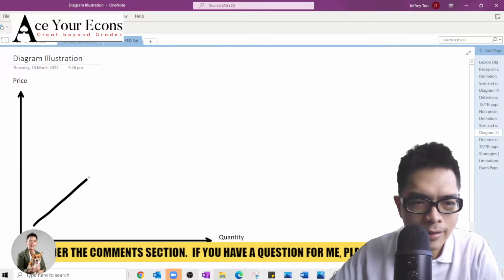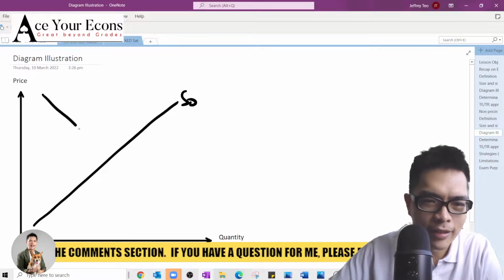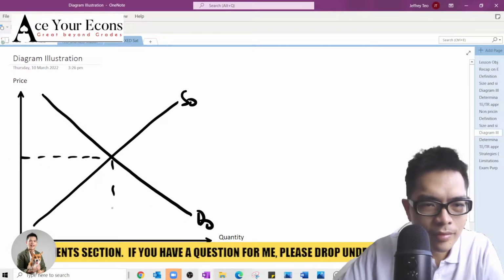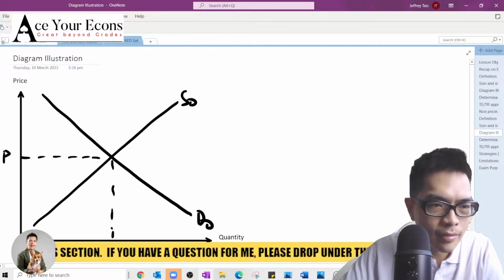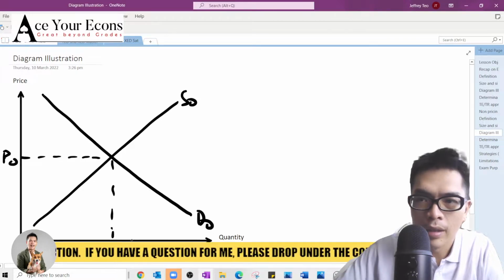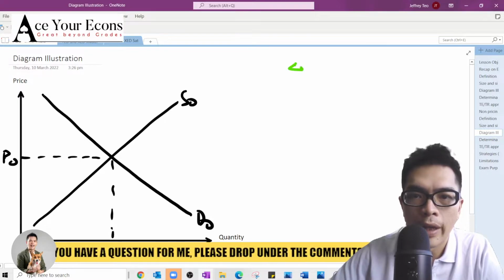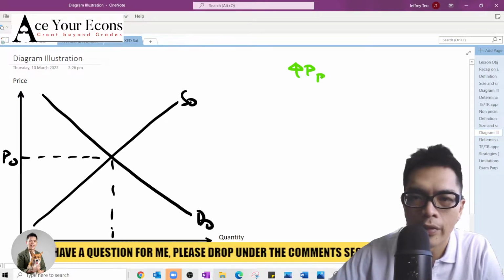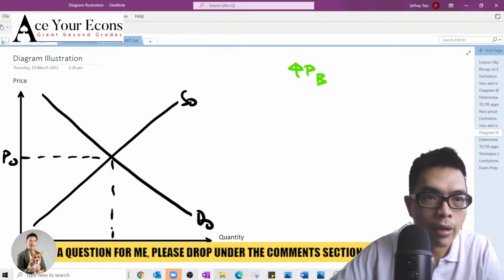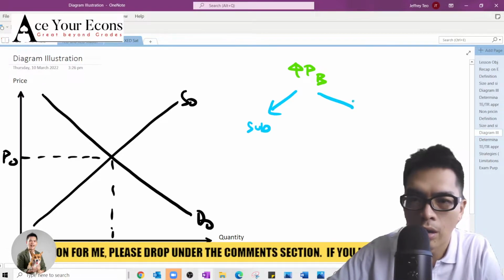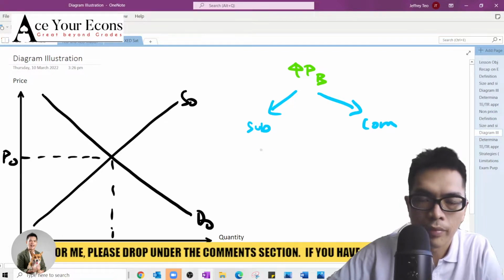Very important. So supply and demand, price and quantity. Now I'm just going to paint out the scenario. When there is a rise in price of good B, we want to uncover whether they are substitutes or complements.